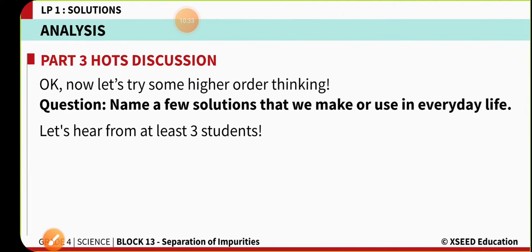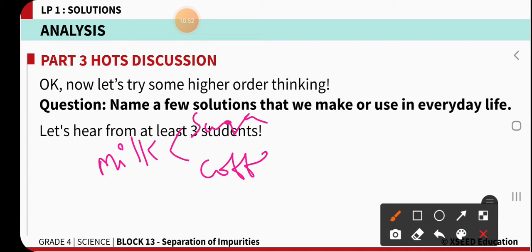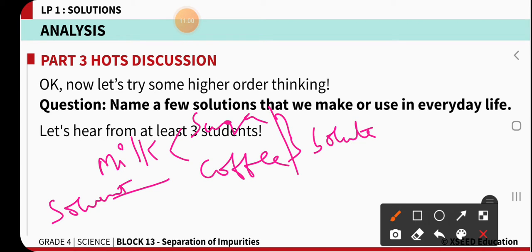Name any few solutions that we use in everyday life. We are using plenty of solutions in our day-to-day life. Like while making coffee, your mother takes milk and uses sugar and coffee powder. So here milk becomes your solvent. Sugar and coffee powder are your solutes because these are taken in a smaller quantity and milk in a larger quantity.